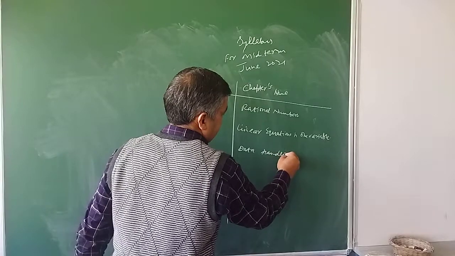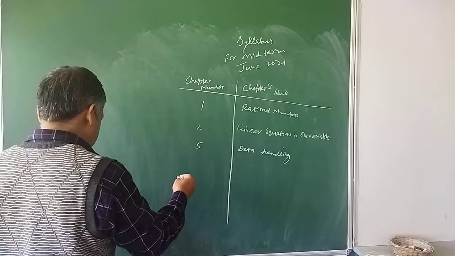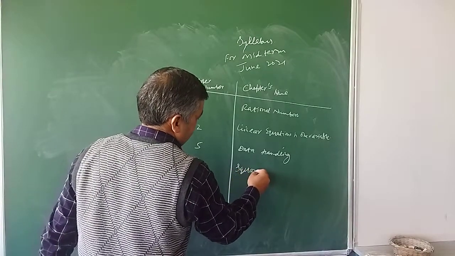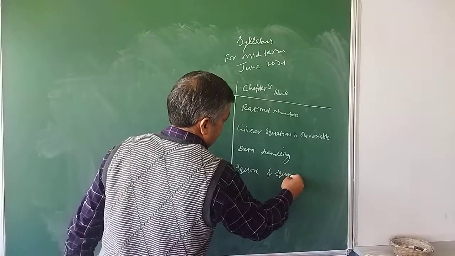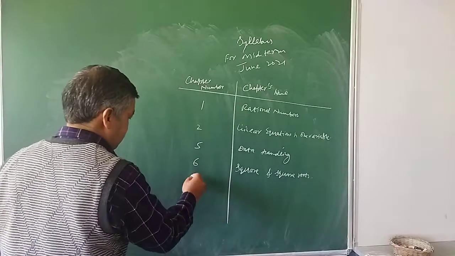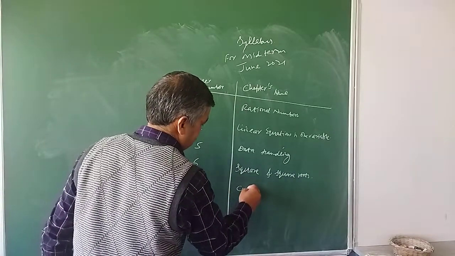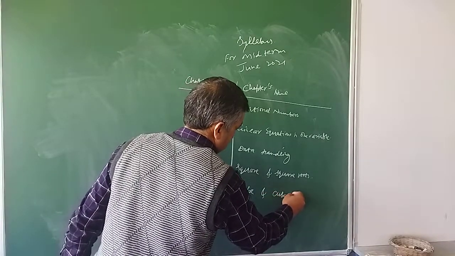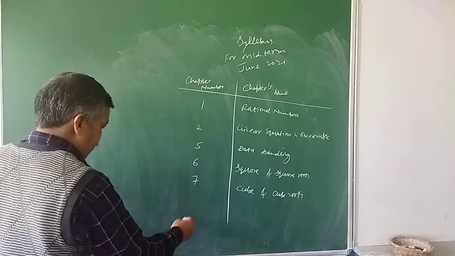This will be another chapter. Then after 5, chapter number 6 will be there, square and square roots. Already we have finished. Then the 7th chapter will also be there, that is cube and cube roots. Already done.